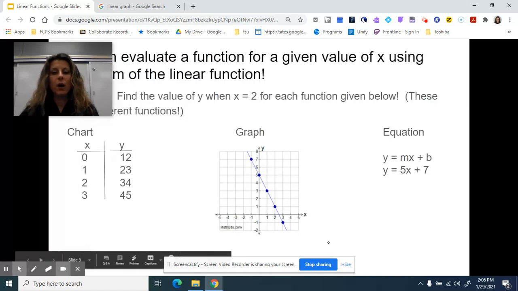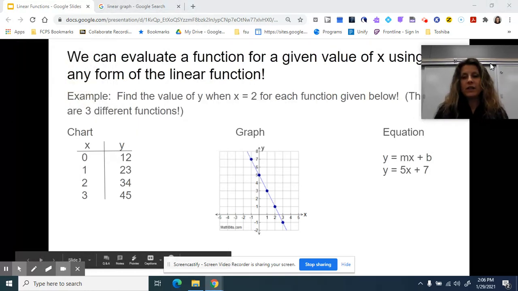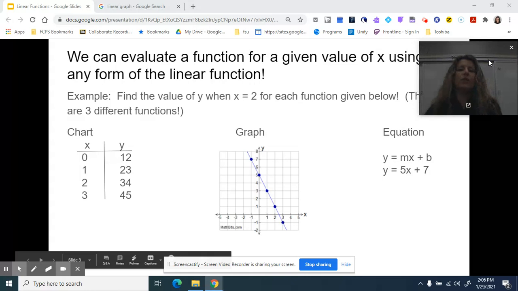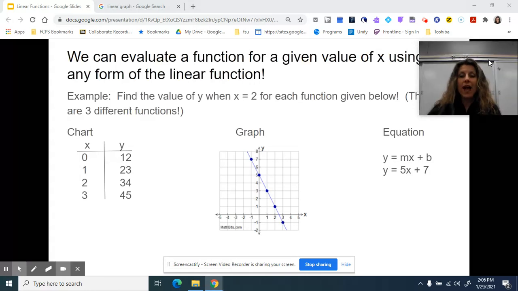Okay, the next part, we are going to evaluate these different functions. It says to find the value of y when x equals 2 for each function given below. These are three different linear functions, and they're the same as the functions on the first slide, but now we're evaluating.